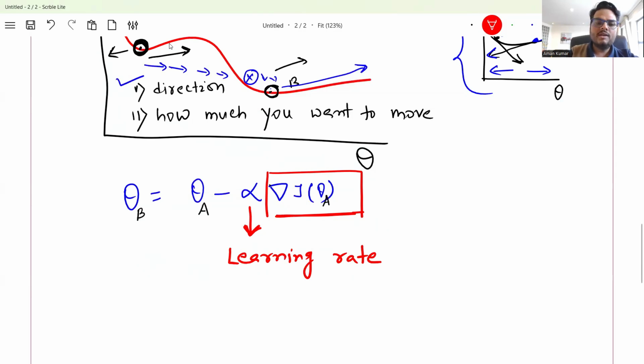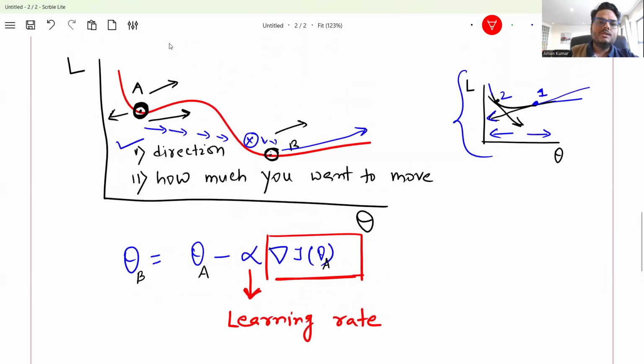I will repeat one more time. Suppose I am trying to minimize this red curve here. In this red curve I am at point A, but I want to reach point B. I need two things. One is direction, in which direction I should move.